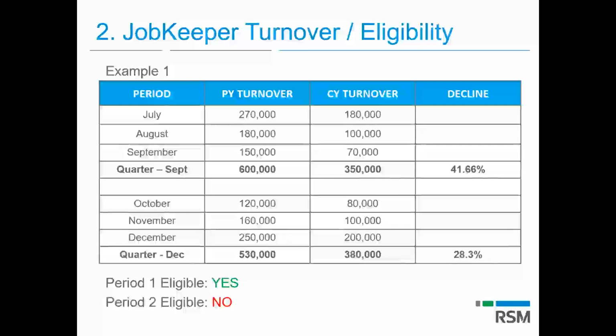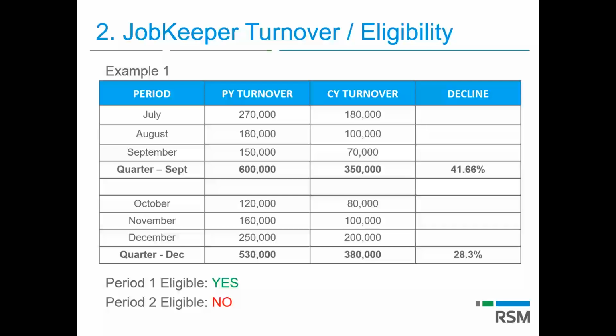Let's have a look at a couple of examples. So in this example, and let's start by testing the September period, we can see that in the September 2019 quarter, this entity had GST turnover of $600,000. In the September 2020 quarter, this entity's turnover was only $350,000.